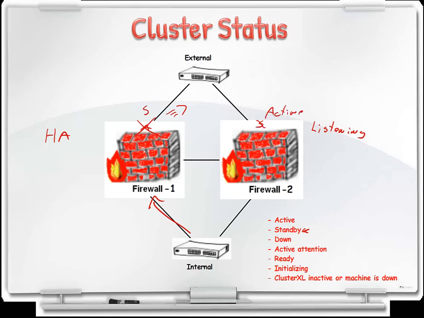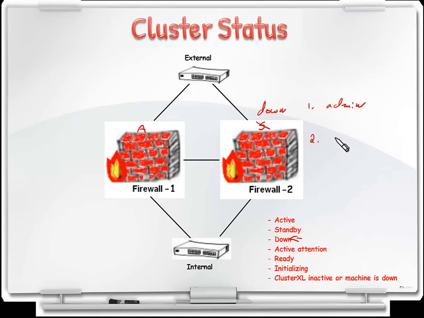Now the other status is the down status. The down status can happen for one of two reasons. Number one is if the administrator sees that he needs to do some maintenance work on the system, and so he might bring an active machine or a standby machine into a down state, which will remove him from participating in the cluster, and then he can do some maintenance on the system.